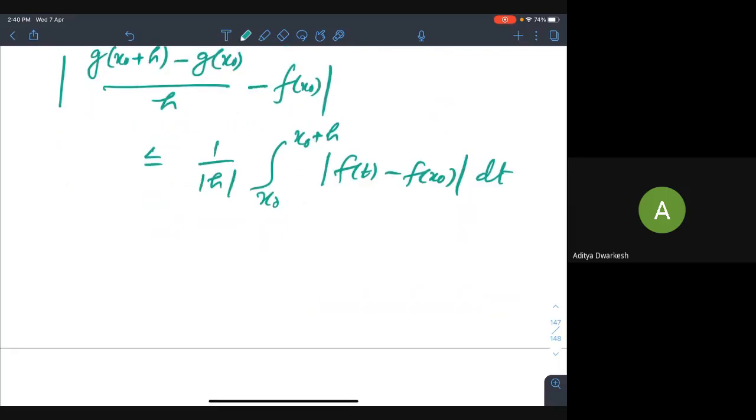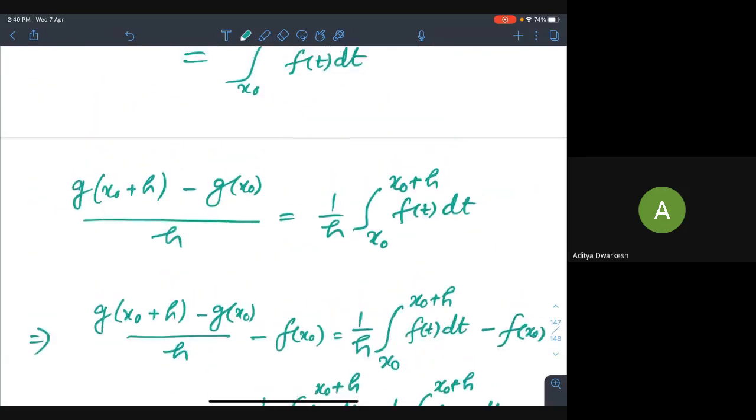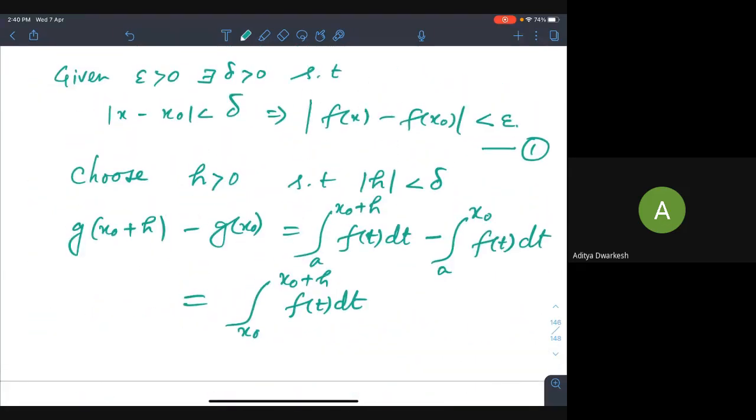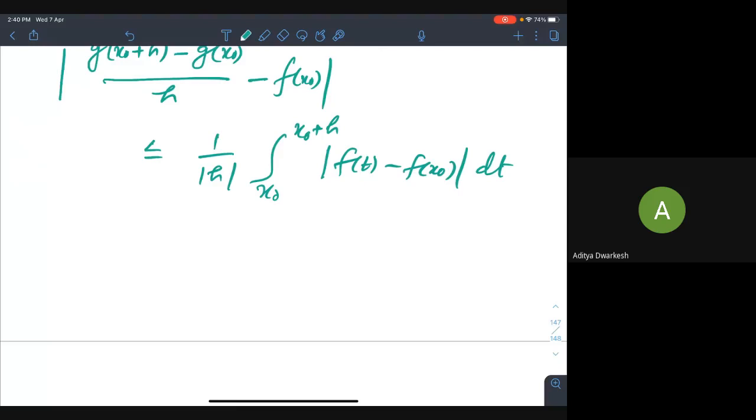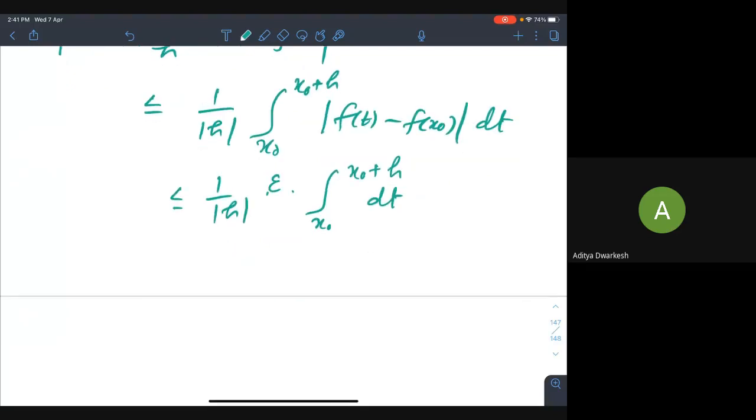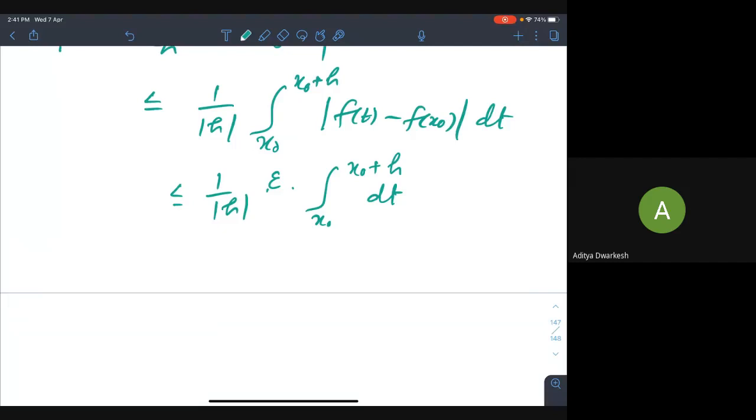Now this is less than epsilon, right? So from 1 we have this is less than epsilon as t varies here. So this is less than or equal to 1 over mod h times epsilon times the integral from x naught to x naught plus h of dt.